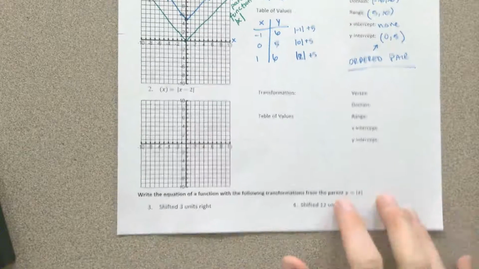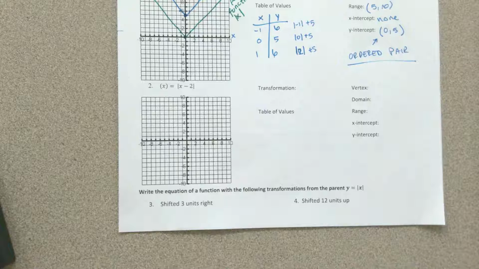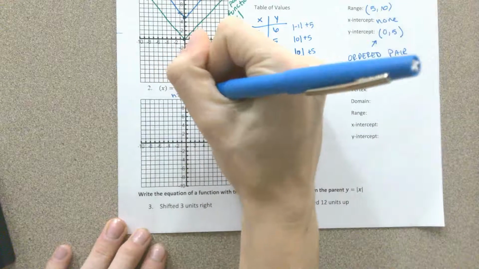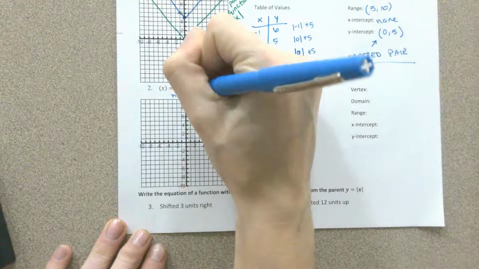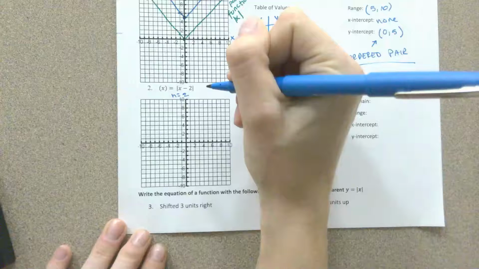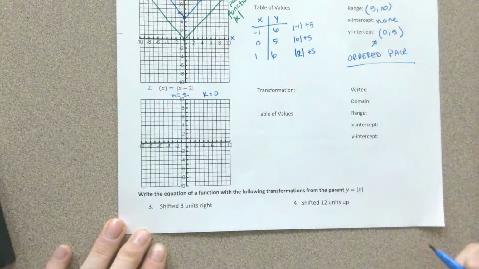Going to this example, we have the absolute value of x minus 2. So in this case, h equals 2 and k equals 0.